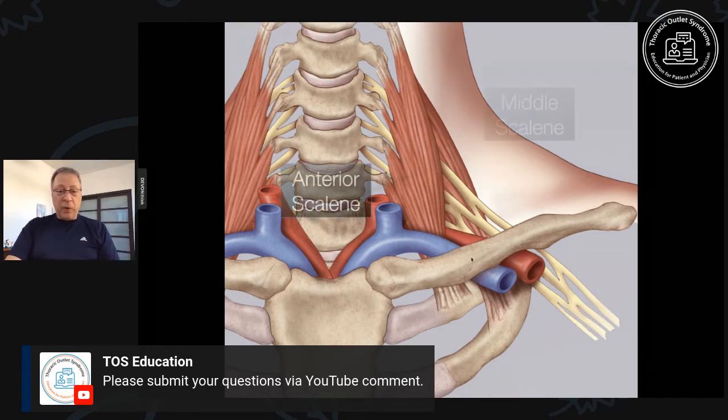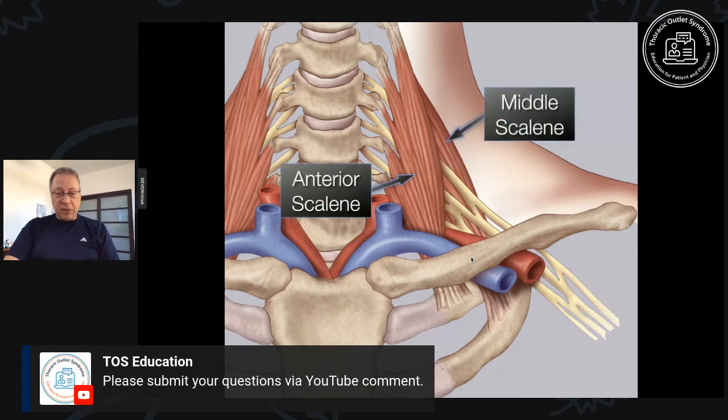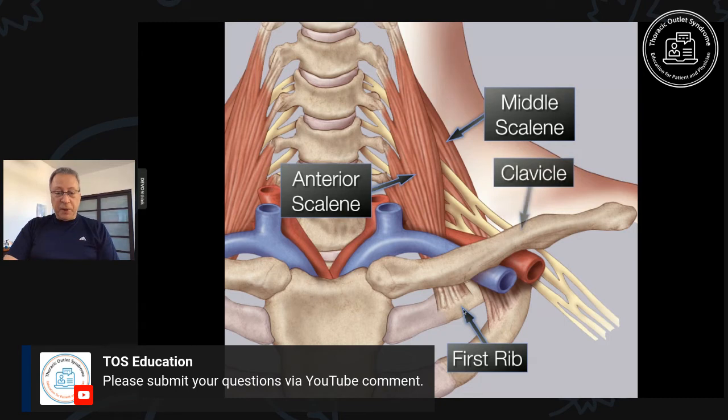First thing we see, and what we always want to see, is the anterior scalene muscle. In this case, we also see the middle scalene muscle. Here are the bony structures, first rib, and the clavicle. You'll notice that there is a triangular space here, outlined by this purple marker. The base is at the level of the first rib.